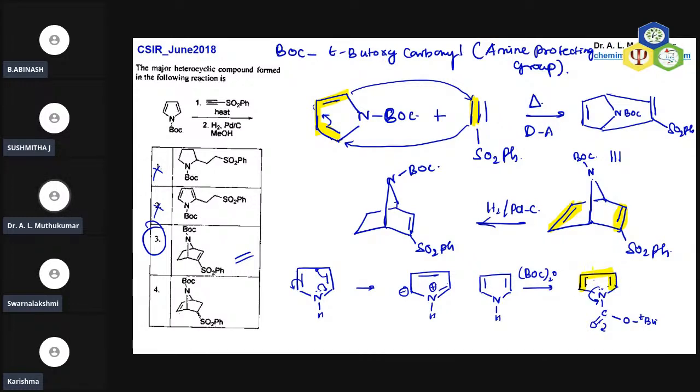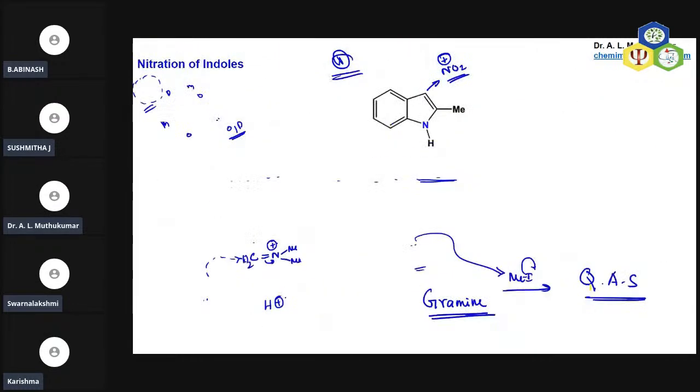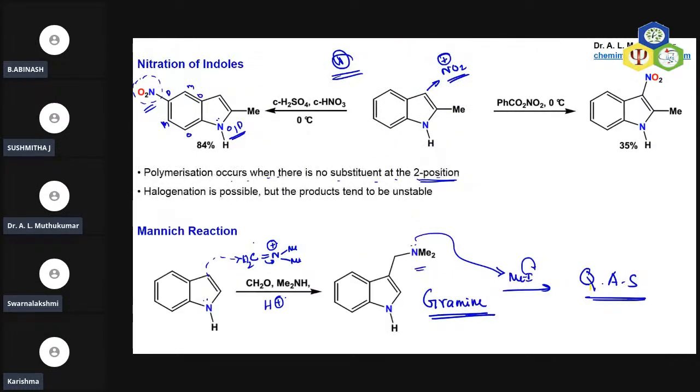The double bonds will be much less disturbed, so you can utilize it as a perfect diene for Diels-Alder reaction. I hope you got my point. Yes, sir, thank you. Any other question? No further questions, sir.